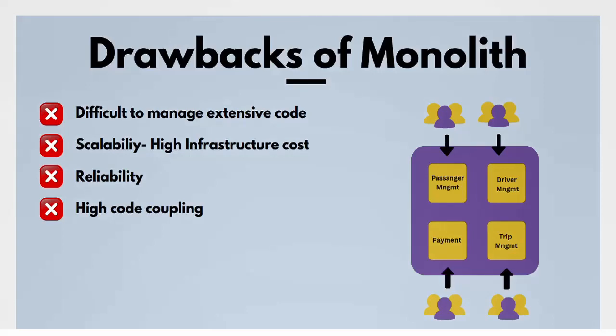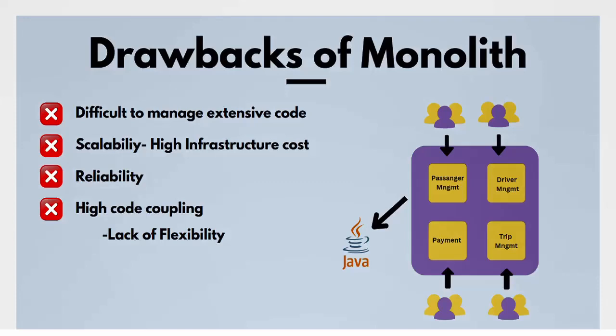Such an application is constrained by the technologies already used in the monolith, which means different teams can't decide independently on what technology stack or language they want to use for their modules. Any change in the framework or language affects the entire application, making changes often expensive and time consuming.